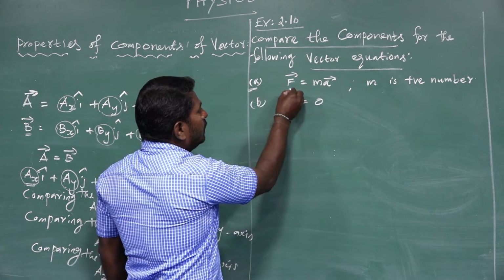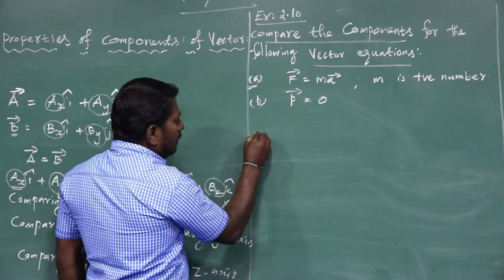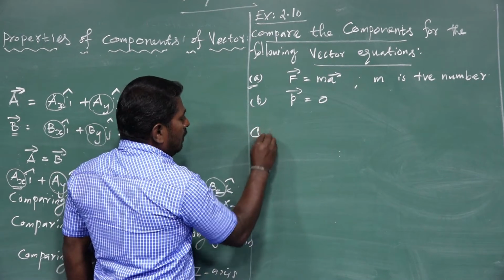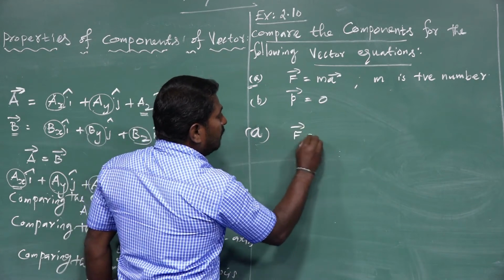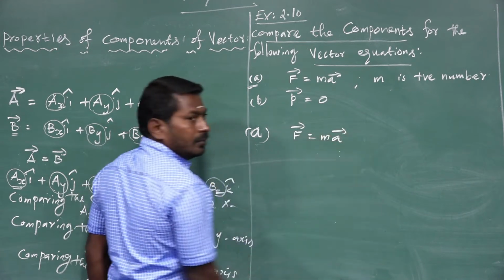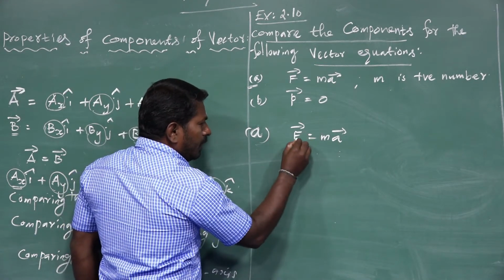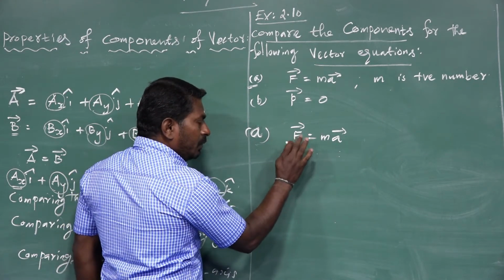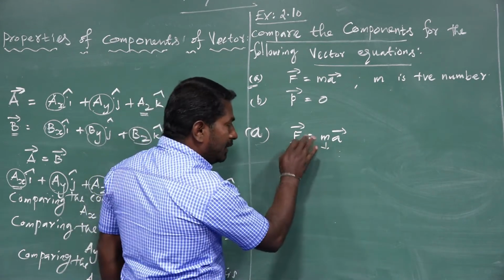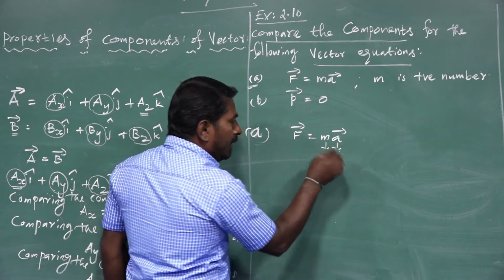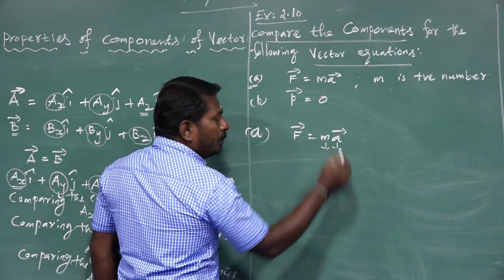First, F vector is equal to m A vector. Here F vector, the force, is a vector quantity, m is the mass, a scalar quantity, and A vector is the acceleration, a vector quantity. m is a positive number.